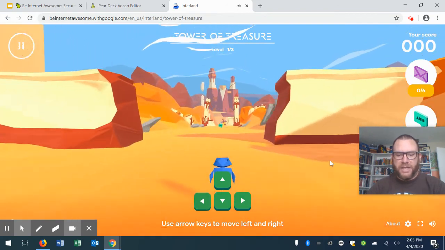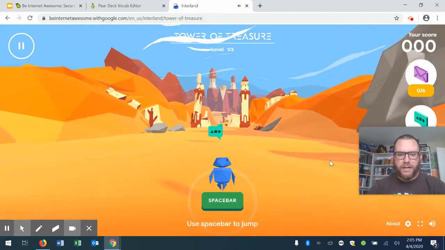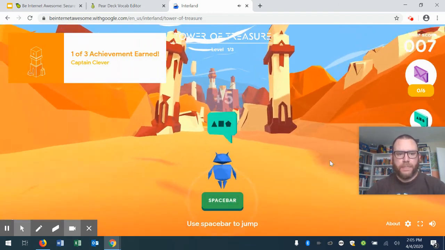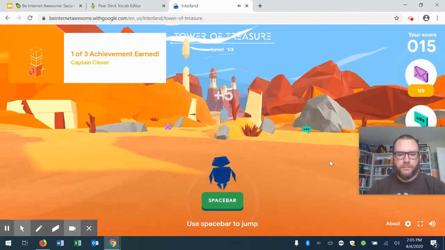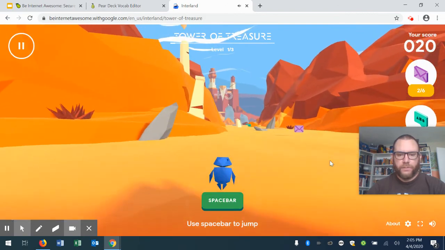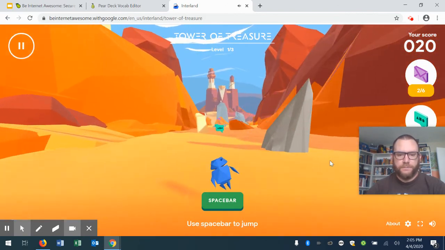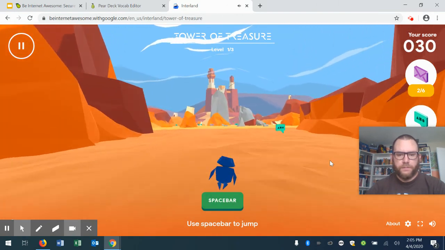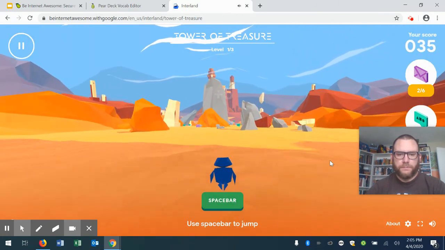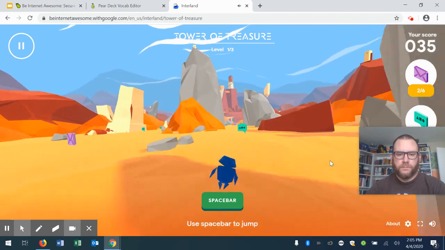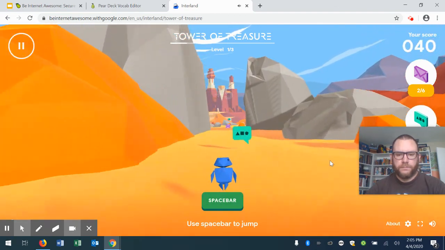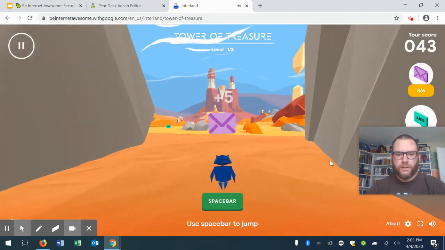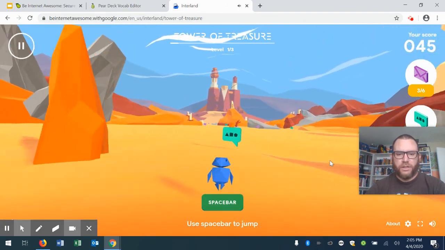So the up arrow makes me jump. Left and right makes me go left and right. Oh, missed out. So far, so good, right?